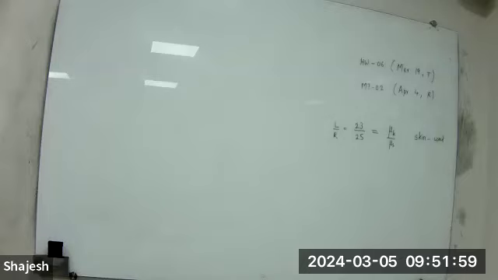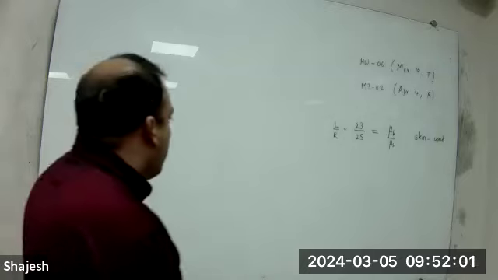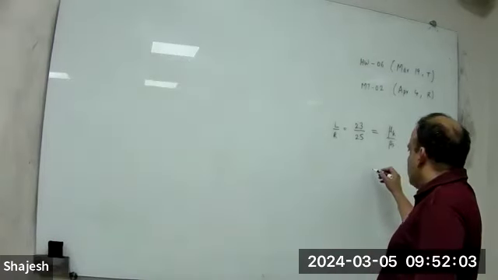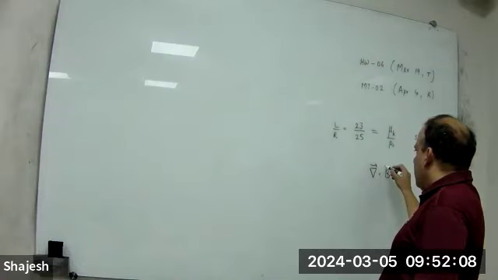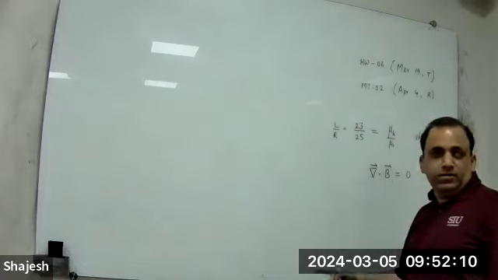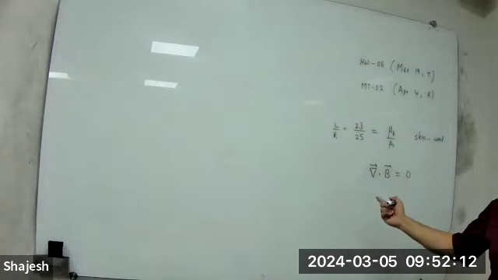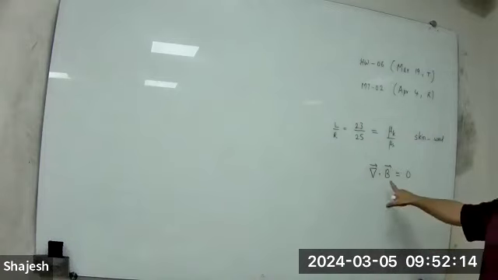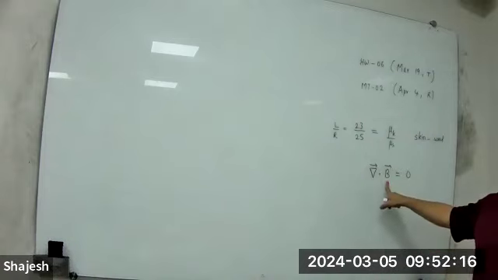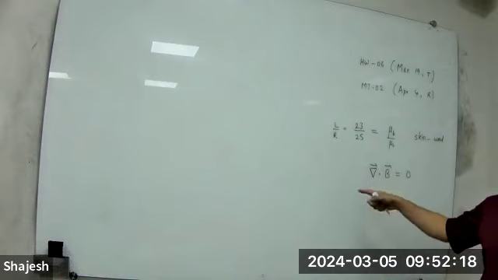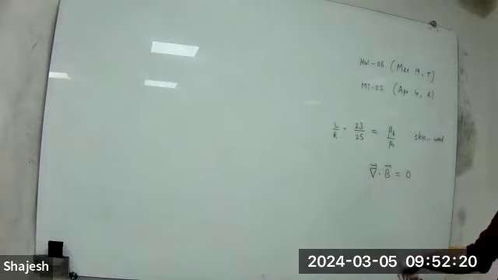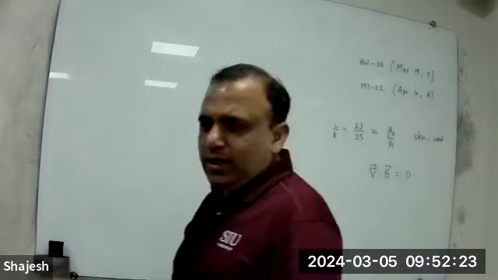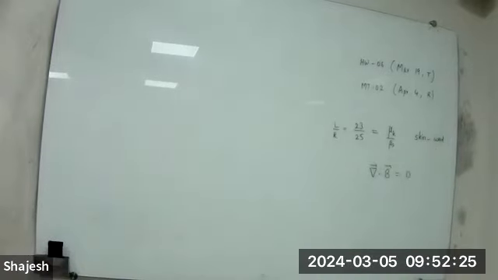A classic constraint is in electrodynamics, where del dotted with B has to be equal to 0. If you're doing electrodynamics, you cannot have a magnetic field which does not satisfy this condition. So that's a constraint, and often we need to learn how to include constraints into the system.